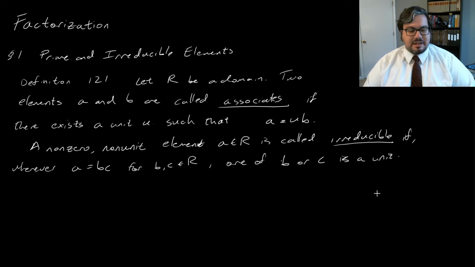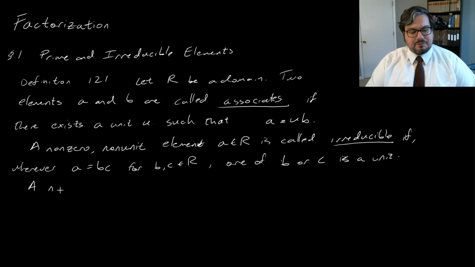So this says that an element is irreducible basically if it can't be factored into two things where neither one of them is a unit. Now, anything can always be expressed in terms of a product of units and other elements, but something's irreducible if it can't be broken up into two non-unit things.